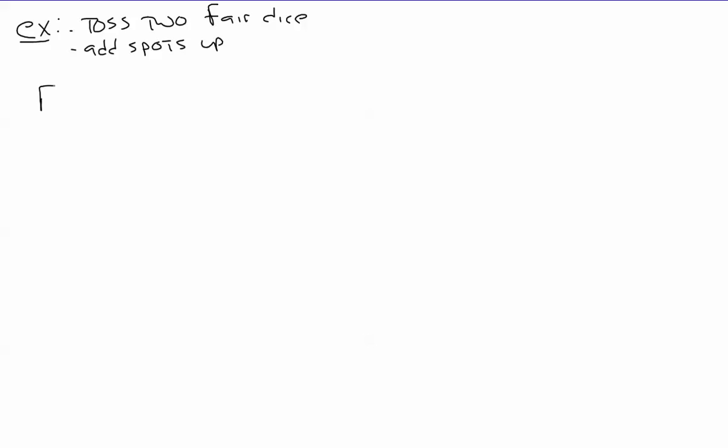The cumulative distribution function for that random variable that I showed you just a second ago can be written as 1/36 times a whole bunch of step functions.